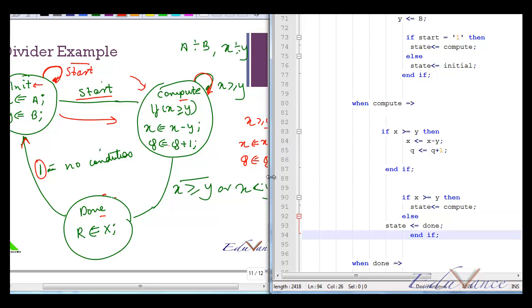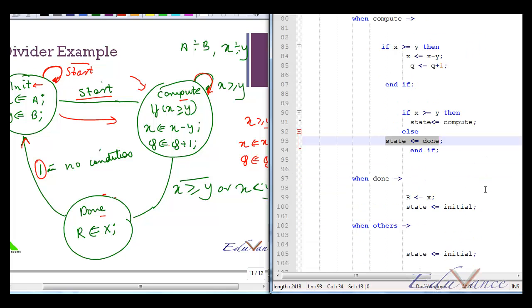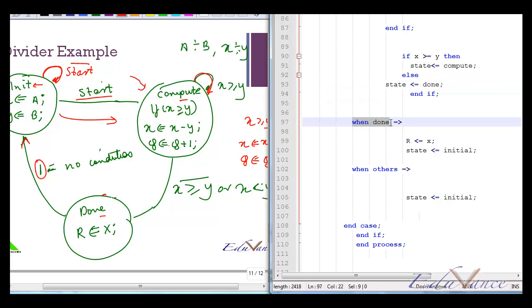Else, which is the opposite of this state. So whenever I write else, you can assume that it will always be the opposite of this state. Then I say my state is done. Now when I'm done, I don't have any OFL because I don't have an NSL, I just have an OFL.